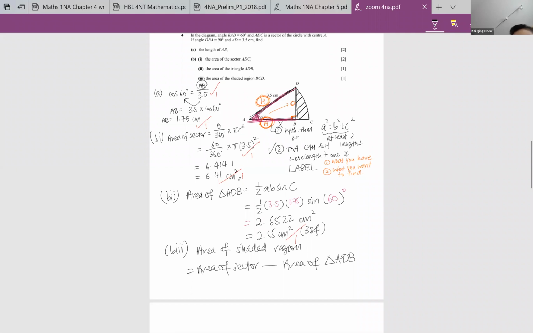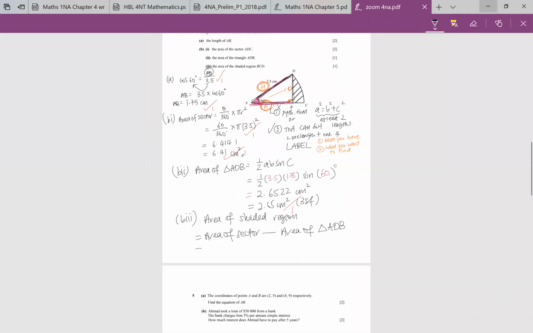Should I take 6.41 or 6.4141? 6.4141. Yes, very good. So accuracy, right? And then minus area of triangle, so it's 2.6522. Okay, thank you, Natasha.